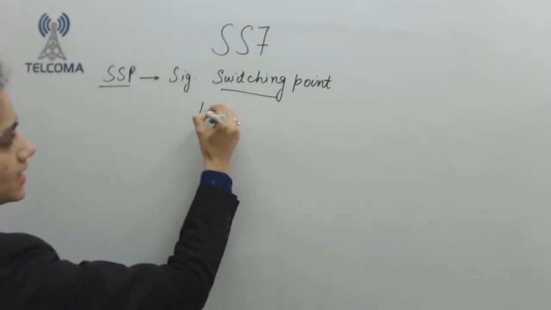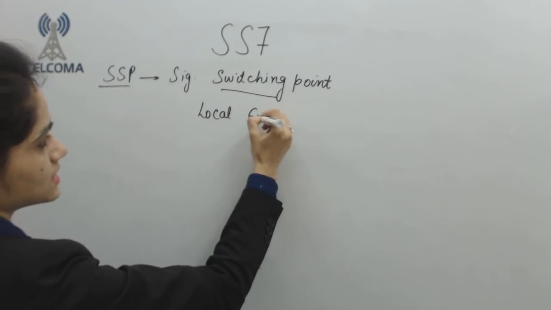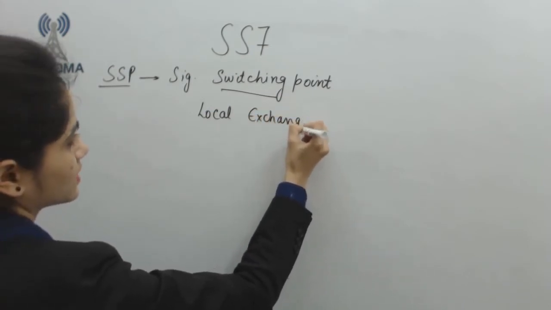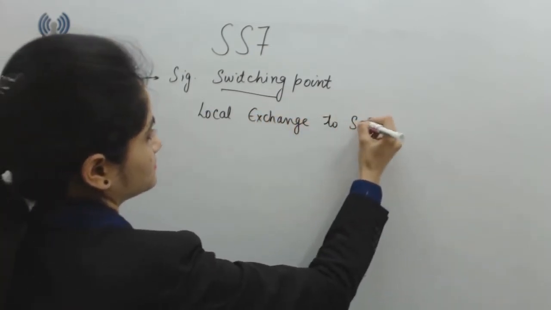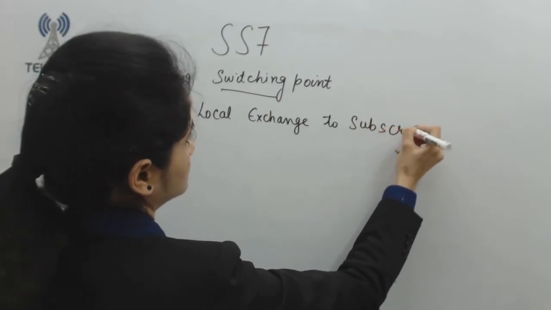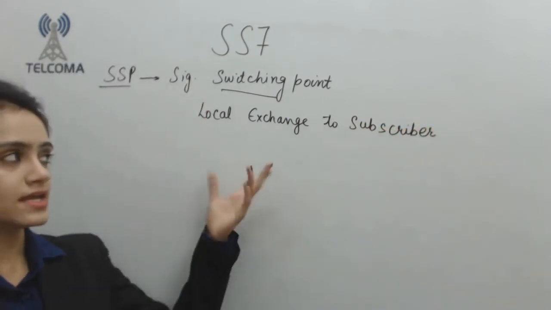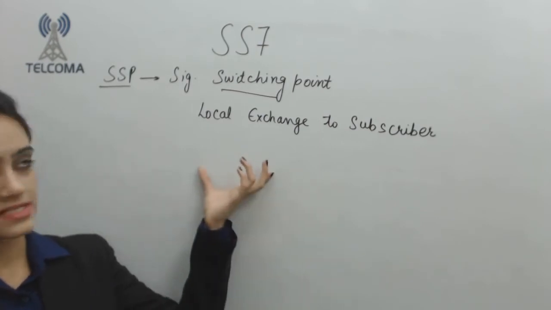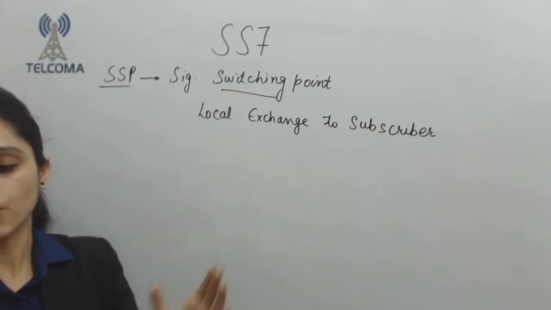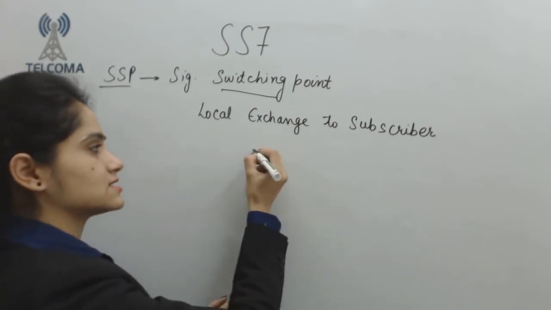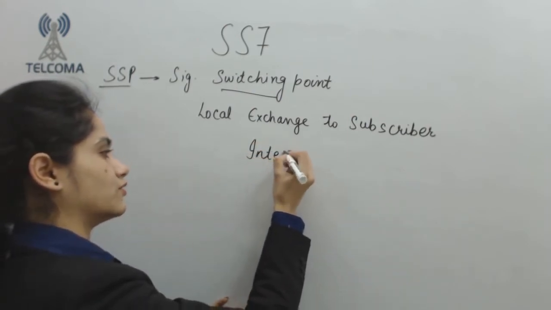So I will write that it is local exchange to subscriber. So whatever my local exchange is to the subscriber is my signaling switching point, or I can say that it is an interface to telephone network.